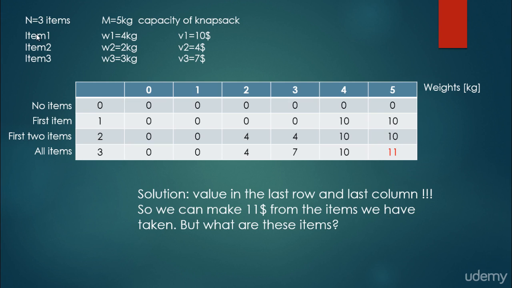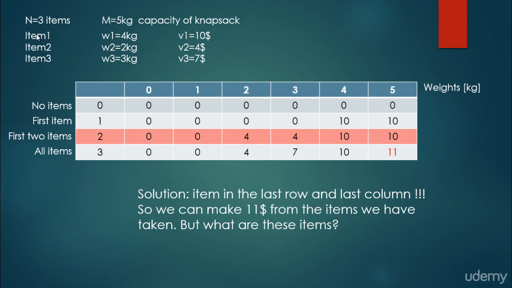If these two numbers were matching, it means that we do not have to take item 3. But because 10 is not equal to 11, we have to take it. So we come to the conclusion that we have to take item 3 with weight 3 and value $7.